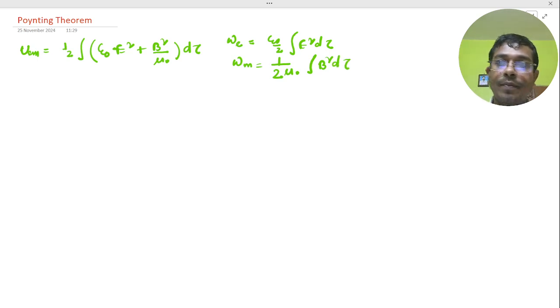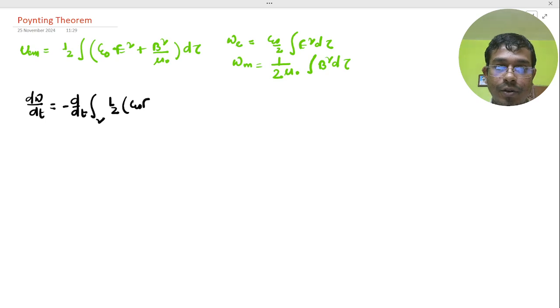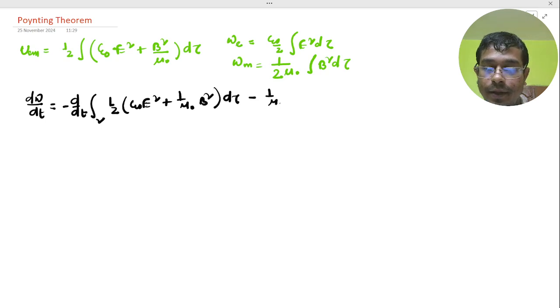And our Poynting theorem mathematically expresses that dW/dt is equal to minus d/dt of the integration over volume of half epsilon naught E square plus 1 by mu naught B square d tau, minus 1 by mu naught surface integral of E cross B dA, the elementary surface area.